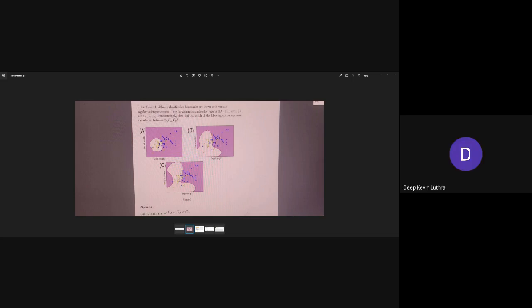Here it says regularization parameters CA, CB, CC, and the only place we've seen C is the inverse. If they had given alpha A, alpha B, alpha C, then we could have taken the direct proportion. So it must mean the inverse of the regularization parameter, and what Deep says is completely right. If we take the inverse, then the answer is right.